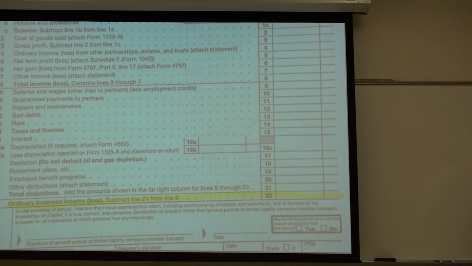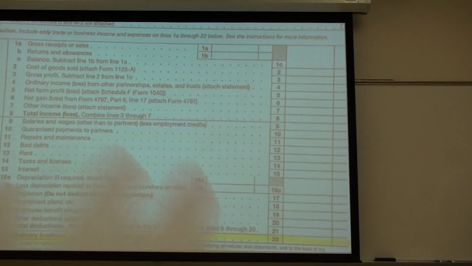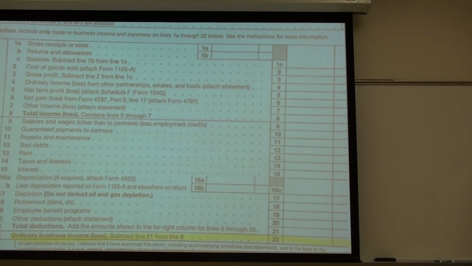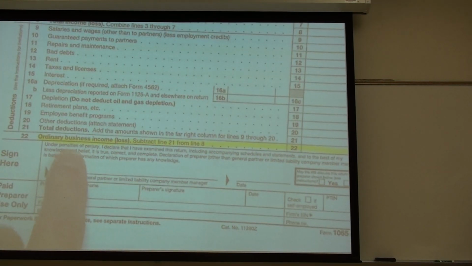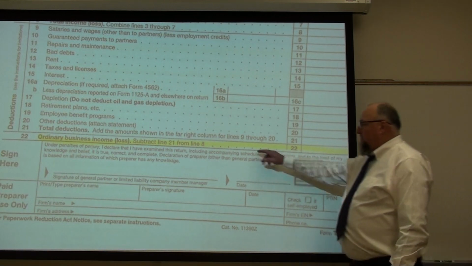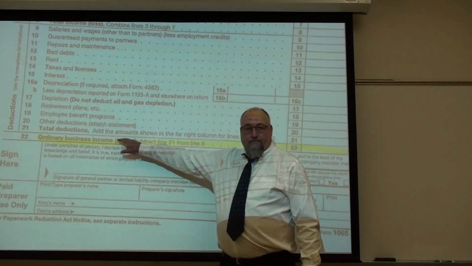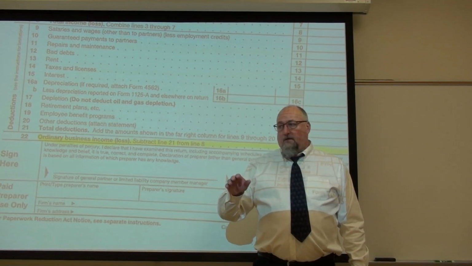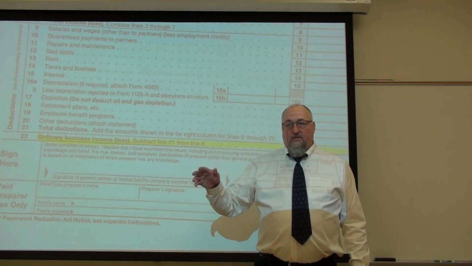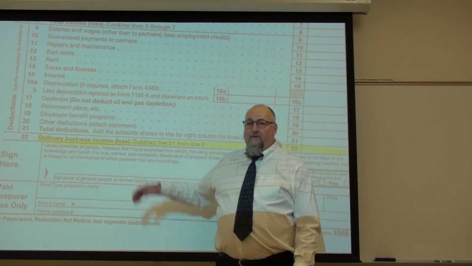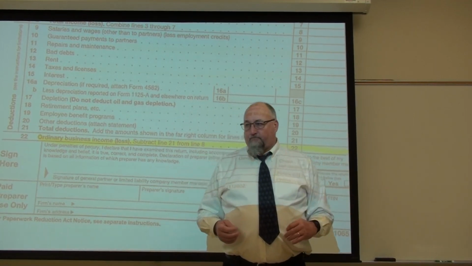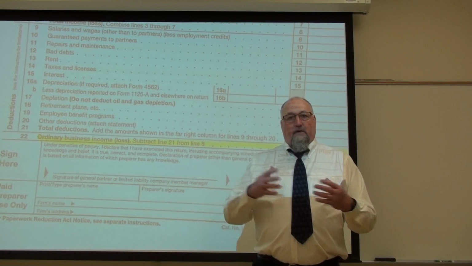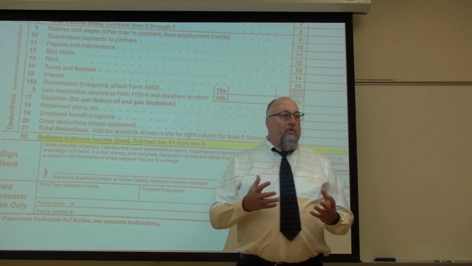Then you have your expenses, and the accounting rules for corporations and partnerships are different, but we won't go into that here. And then again, down at the bottom, just like we saw on the S corporation return, ordinary business income. So that's the amount of profit that the partnership had, and then the partnership will issue a K1 to the individual partners so they know how much to report.